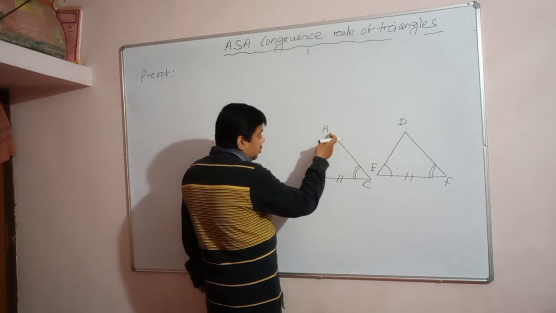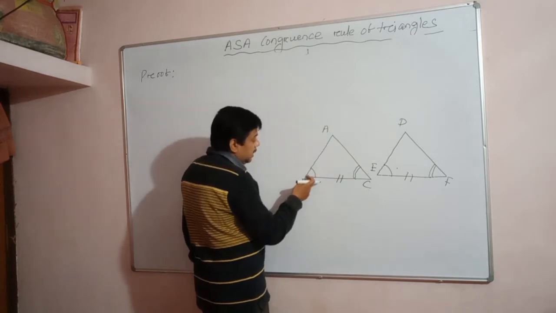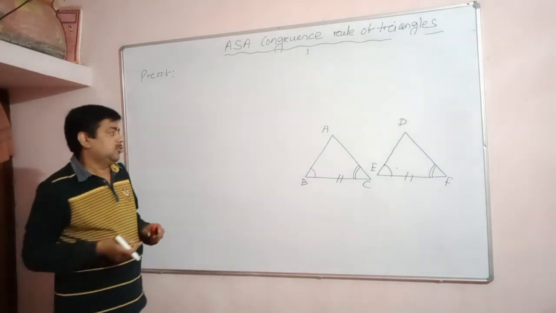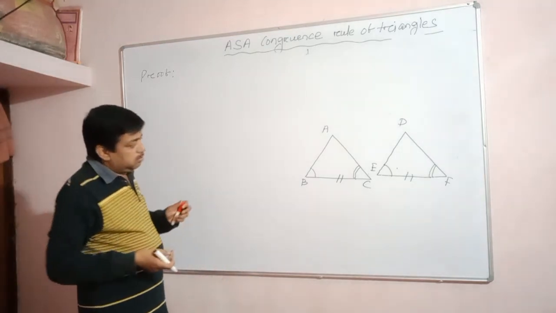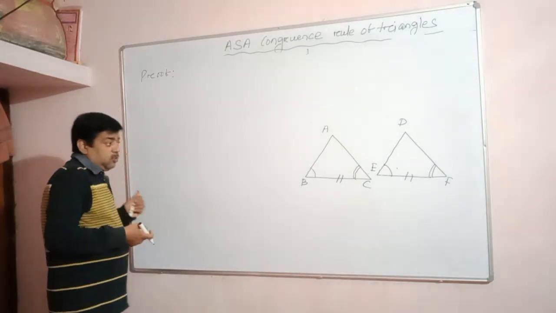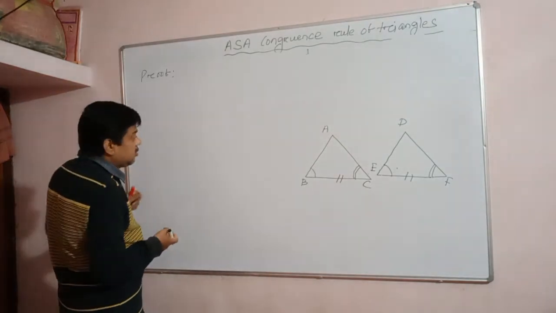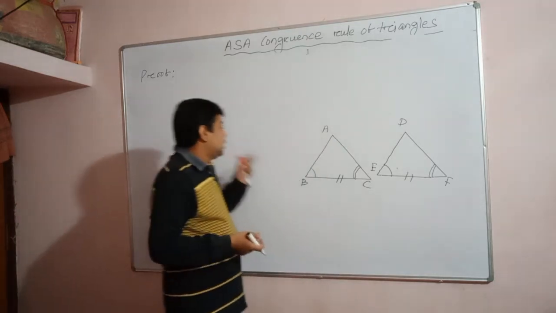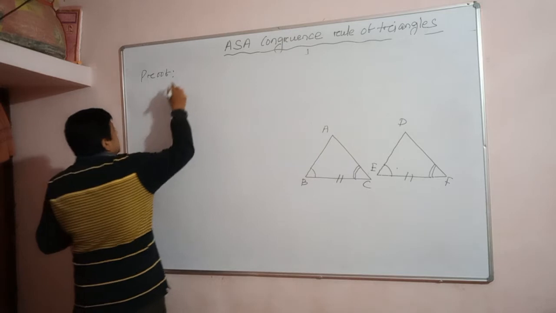Then according to the side, angle, side criterion, it can be satisfied, so we can prove the statement that the triangles are congruent. But this is not possible, because we don't know whether AB is equal to DE. That's why there are 3 possible cases here.